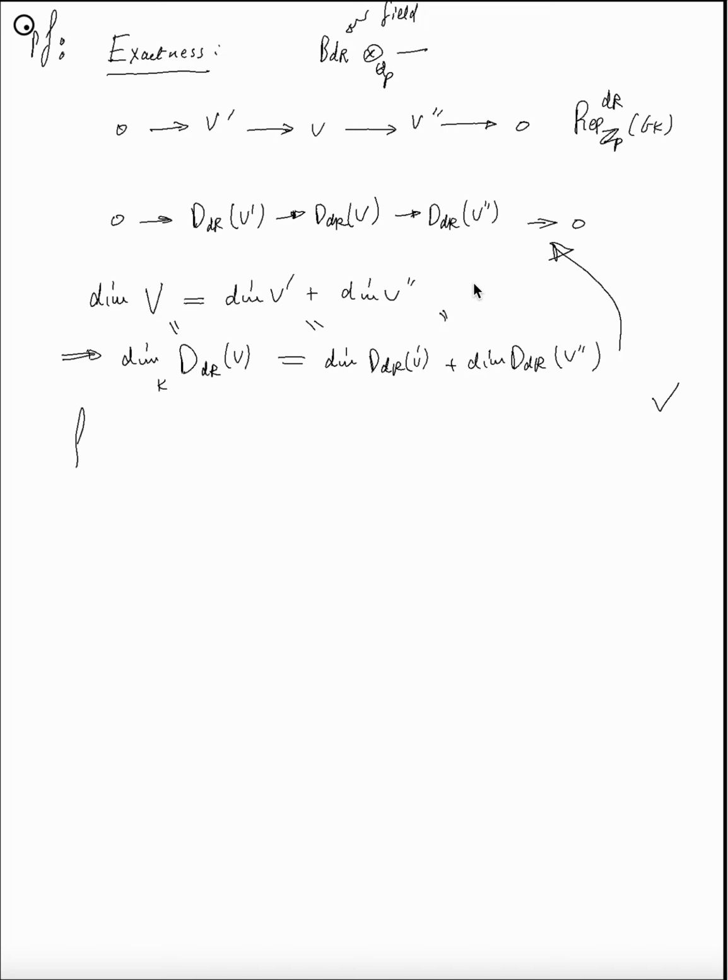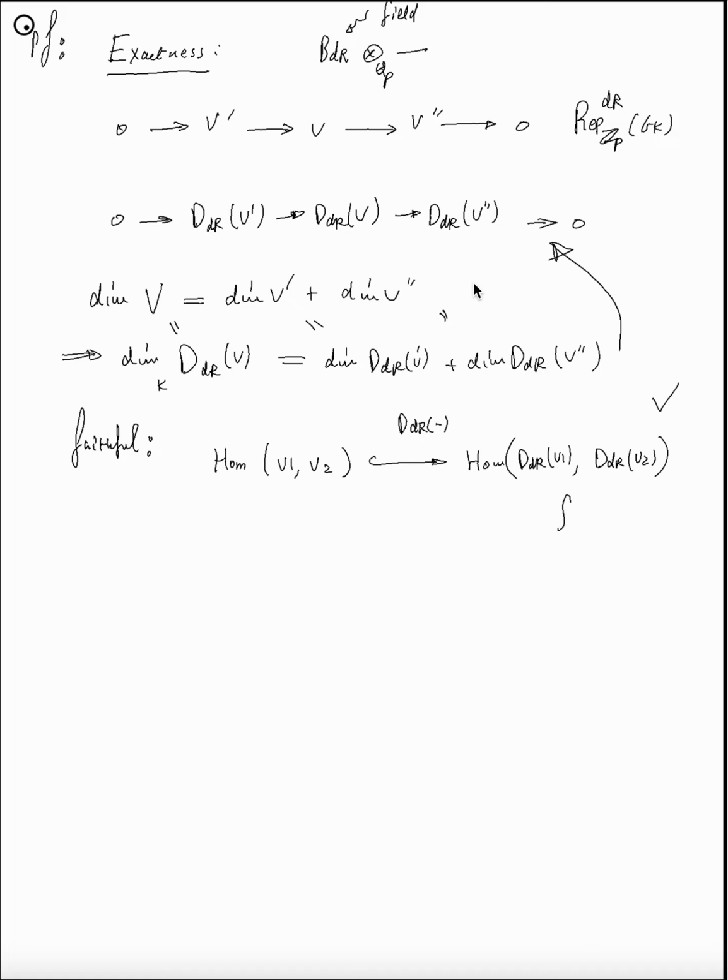And it is faithful. I have to show that we have an injective map into this. So this is again just a homomorphism of vector spaces, just linear transformations.